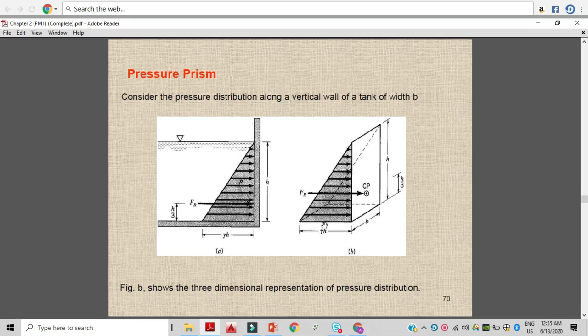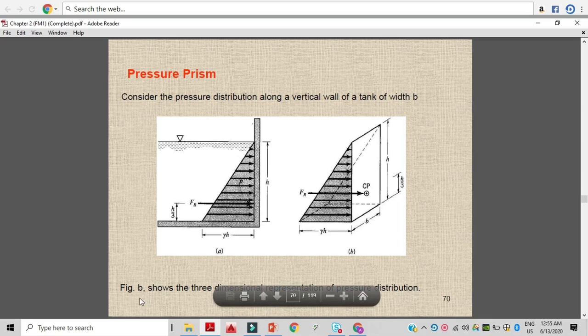So this is gamma into H, and then as the height is reducing, the pressure is reducing, and at the top it is equal to 0. So from 0 to maximum it is making a triangle, and the triangle continues along the depth, so it gives you the shape of a prism. So the pressure distribution is like a prism, so it is called a pressure prism.